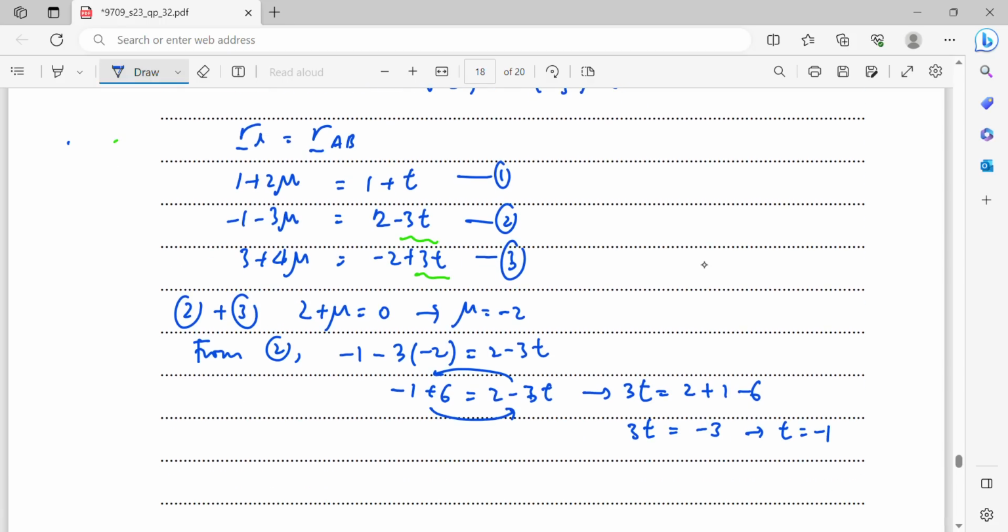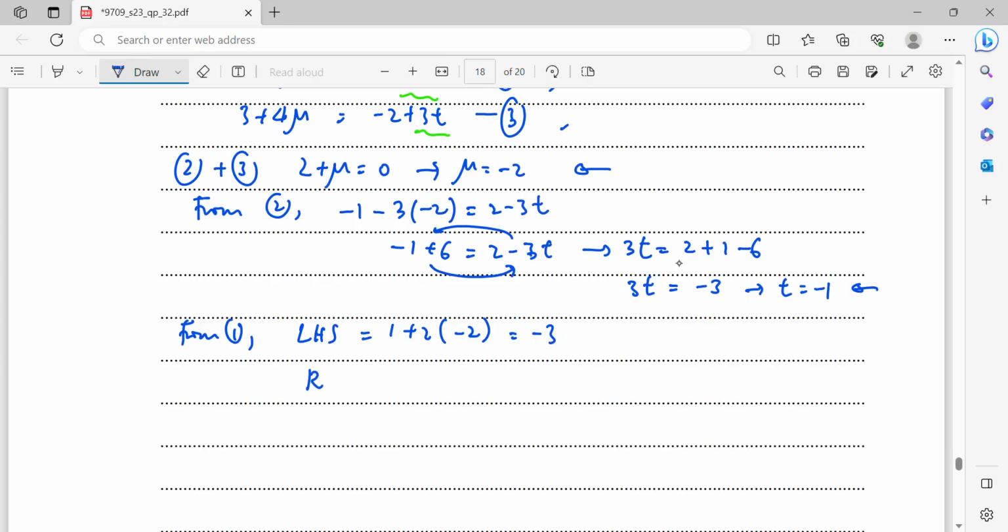So I found mu and t from the second and third equations. Now I have to substitute these two values into the first equation to check whether the left side is the same as the right side. The left hand side, from the first equation, will be 1 plus 2 mu. The mu is negative 2, so at last you get negative 3.